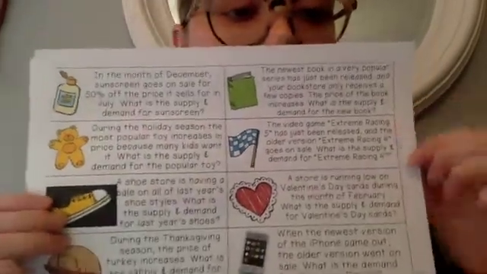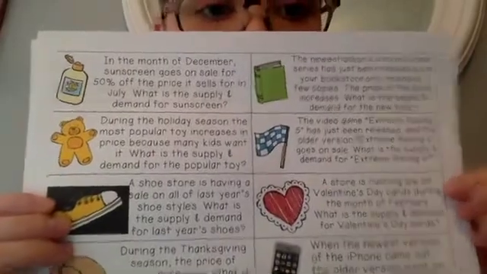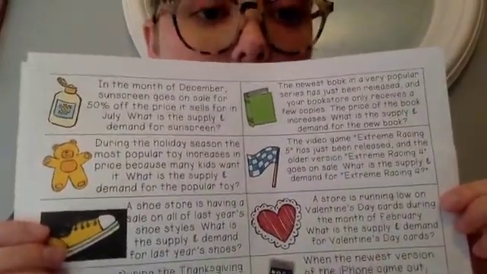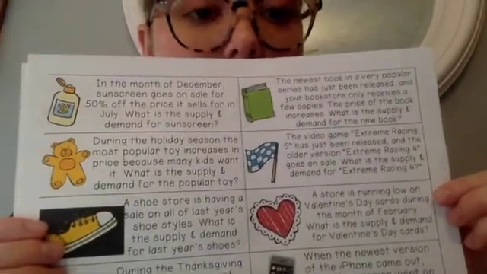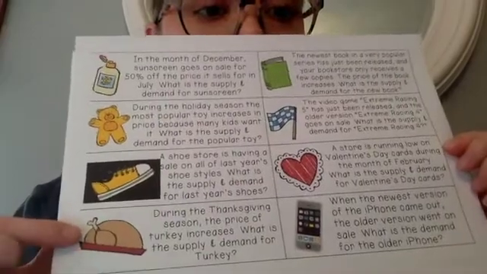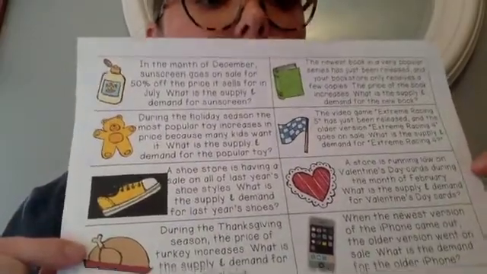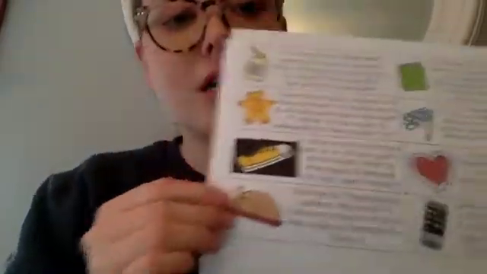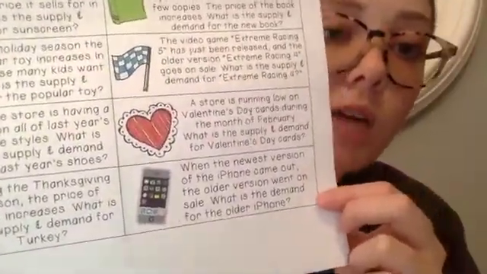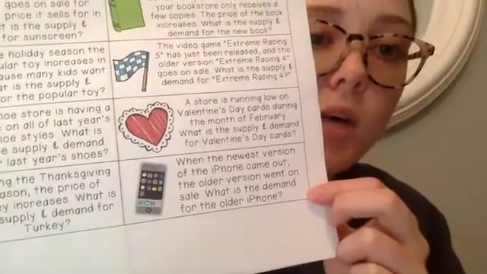What is the supply and demand for last year's shoes? A store is running low on Valentine's Day cards during the month of February. What is the supply and demand for Valentine's Day cards? During the Thanksgiving season, the price of the turkey increases. What is the supply and demand for the turkey? And then the last one, when the newest version of an iPhone came out, the older version went on sale. What is the demand for the older iPhone?